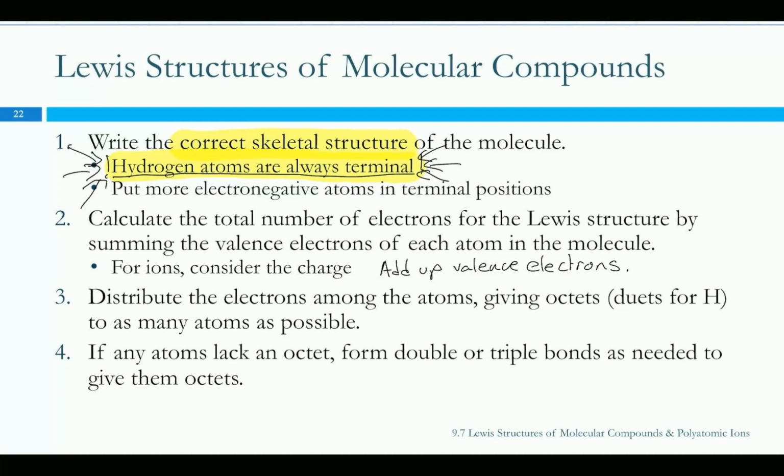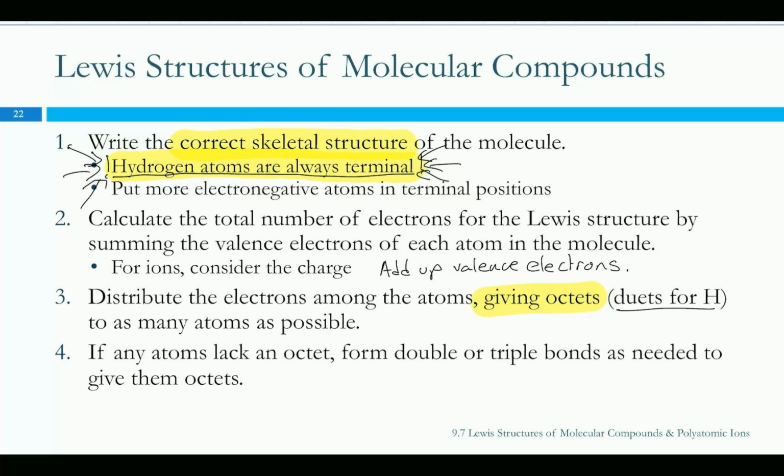So first, I guess in the skeletal structure I didn't say this, but you've got to have at least one bond between each atom and the central atom, or sometimes between other atoms. At least one bond. But with these remaining electrons, we're going to create octets first. Duets for hydrogen.